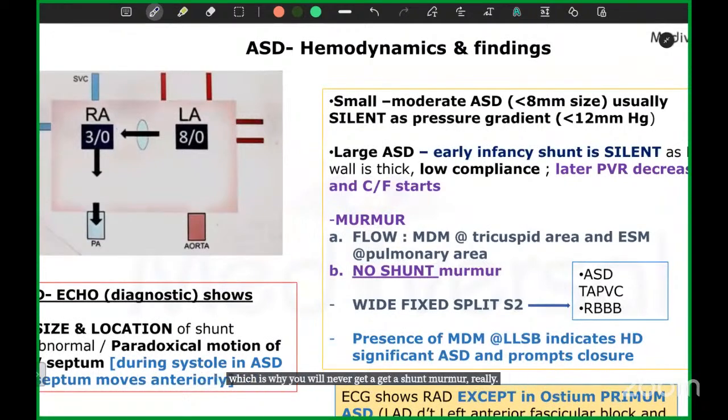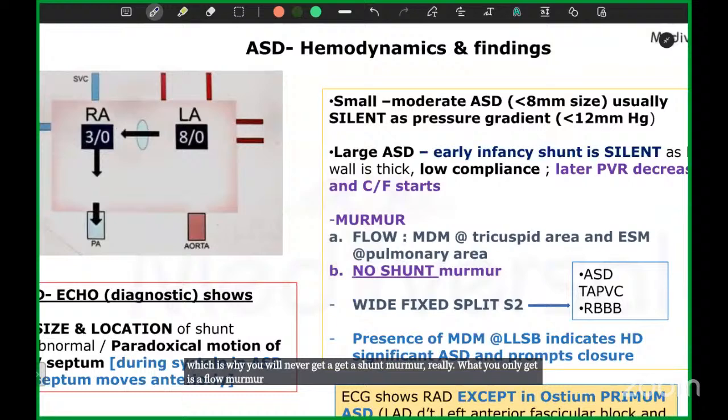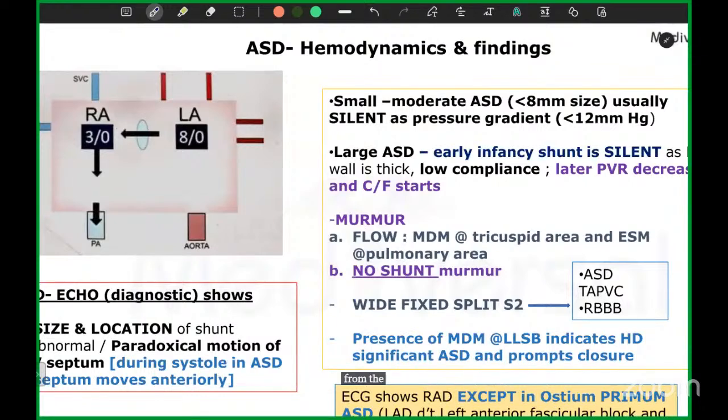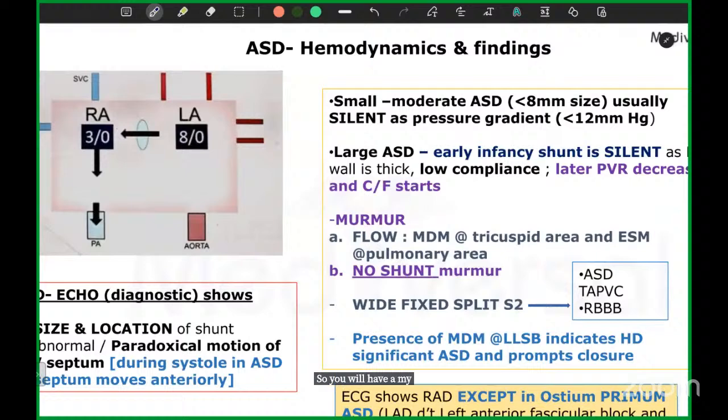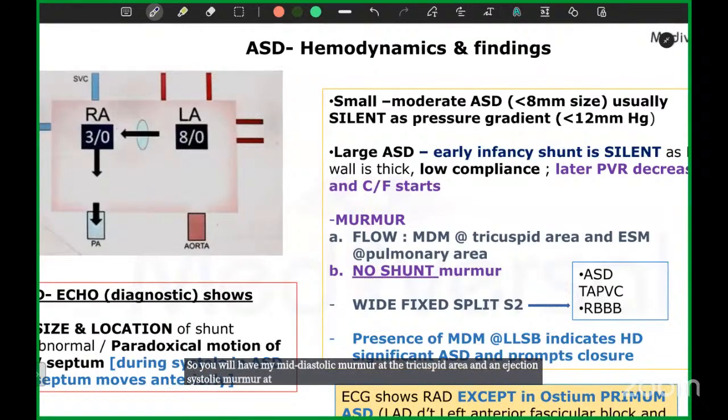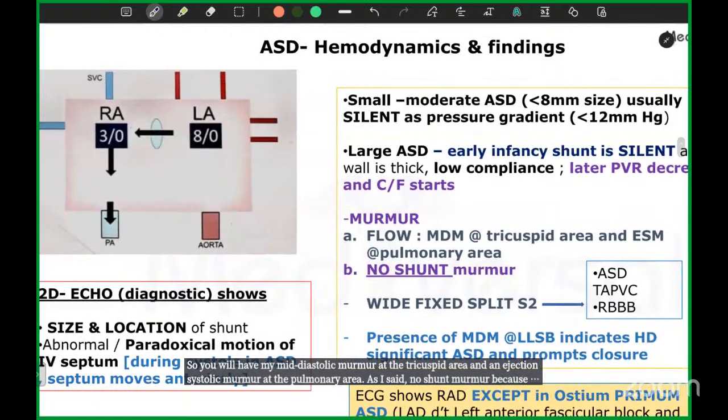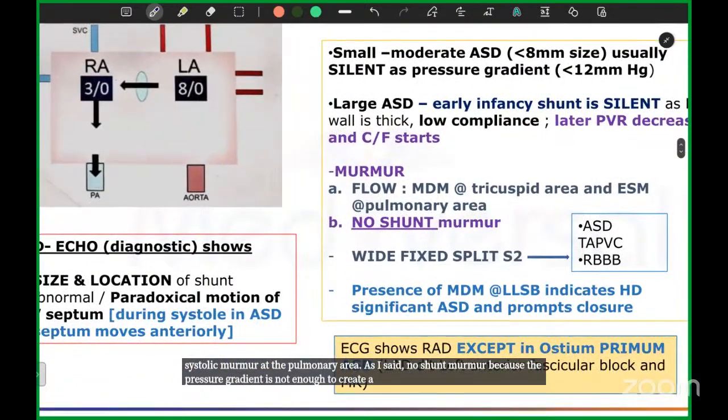What you only get is a flow murmur, because a large amount of blood is flowing from the right atrium to the right ventricle, and from the right ventricle into the pulmonary artery. So you will have a mid-diastolic murmur at the tricuspid area and an ejection systolic murmur at the pulmonary area. As I said, no shunt murmur, because the pressure gradient is not enough to create one.